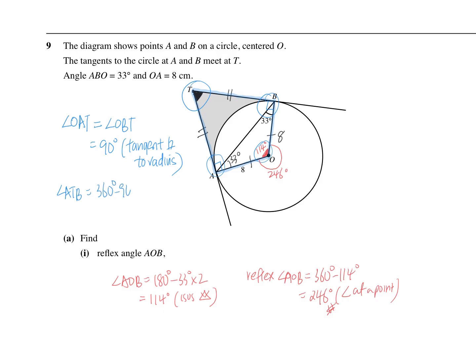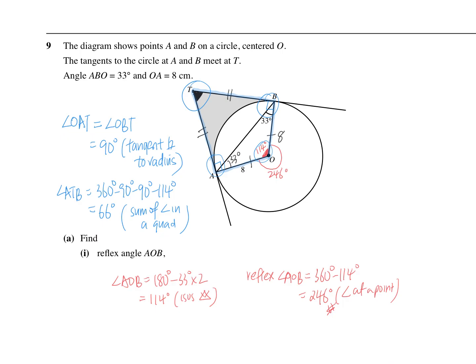360 minus 90 minus 90 minus 114. So you have 66. Sum of angles in a quadrilateral. 4 angles of a quadrilateral always add up to 360. They ask for ATO, not AOB. Okay, my bad.